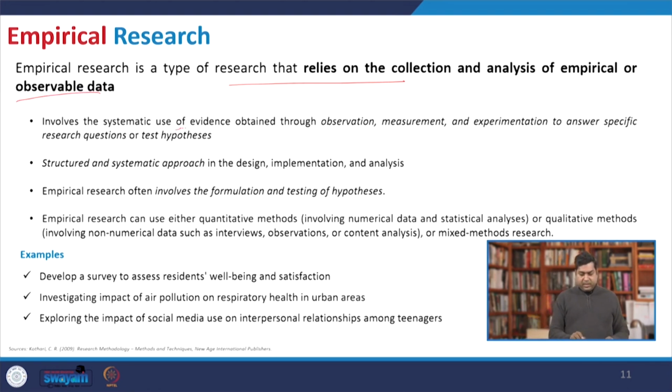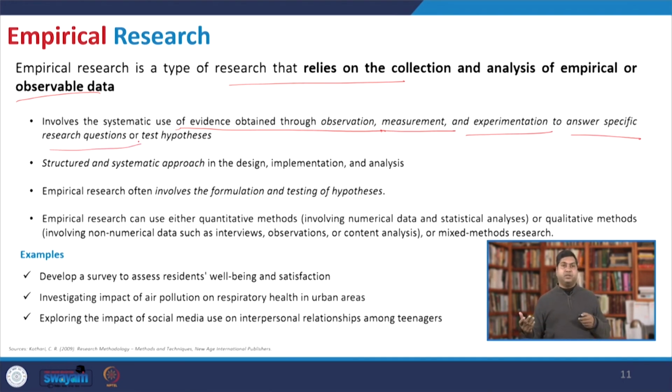It involves the systematic use of evidence obtained through observations, measurement, or experimentation, to answer specific research questions and test the hypothesis, that whatever the assumption, the effect of this on this is true or it is not true. So we normally go for rejecting the null hypothesis or failing to reject the null hypothesis. This kind of statement we use. We will discuss that in our subsequent lecture as well.